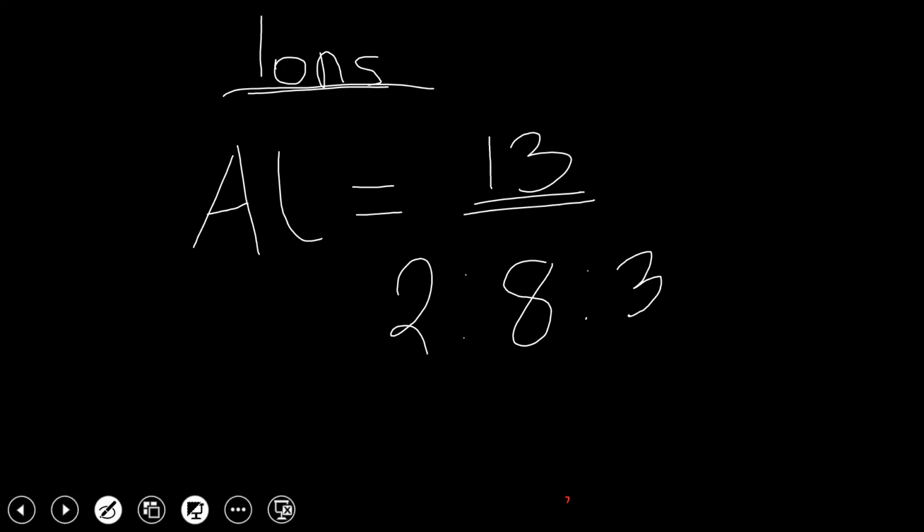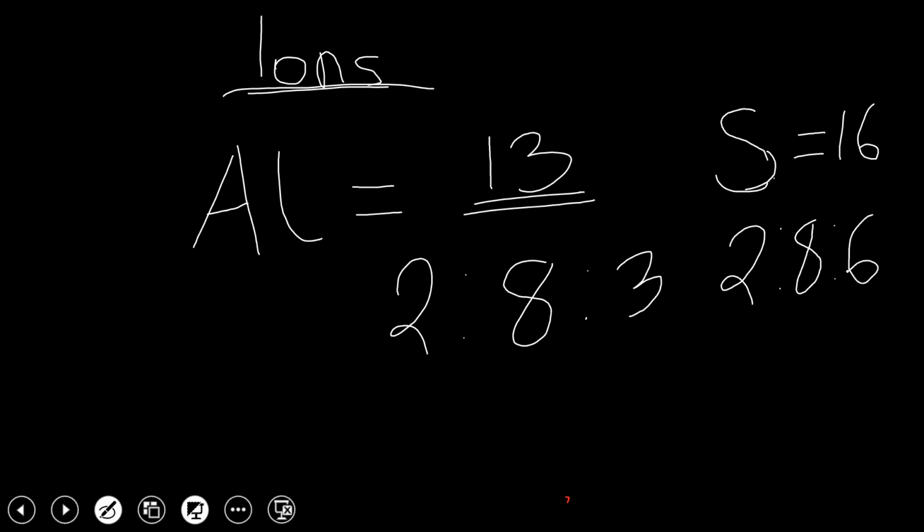Then also you have nonmetals. Maybe we can talk about sulfur. Sulfur, its formula is S, has atomic number 16. Its electron configuration is going to be 2, 8, 6.